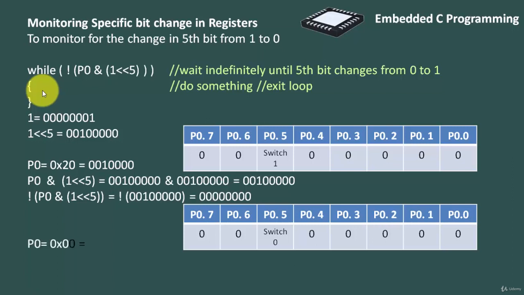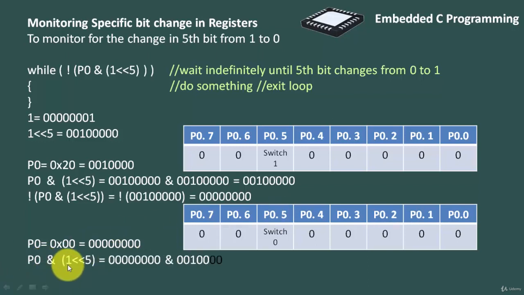Now what if the switch is released? Then you get logic 0 here and the port 0 value becomes 0x00. Hence, if you perform the AND operation, the resultant value is 0 because the port value is 0. So 0 AND with any value will result in 0.